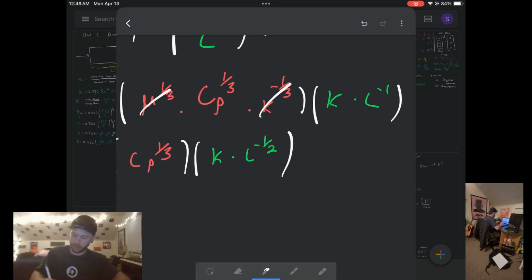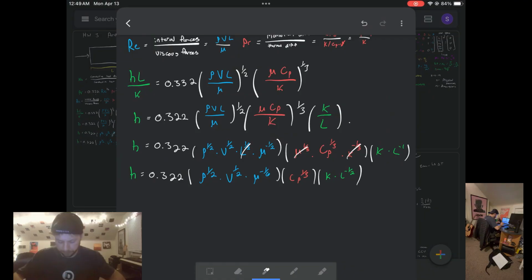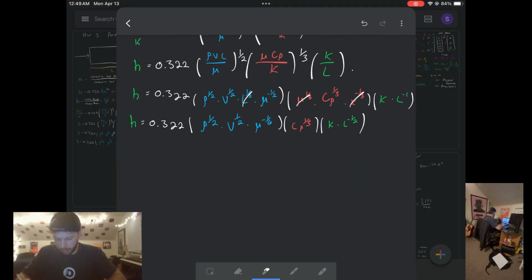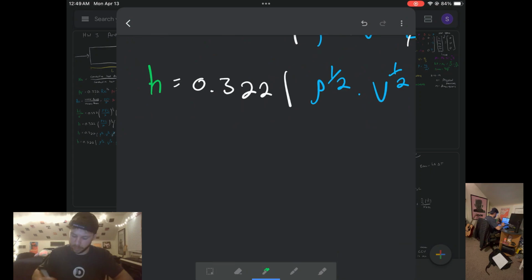Okay, so to optimize that heat flow, let me rewrite this equation one last time.